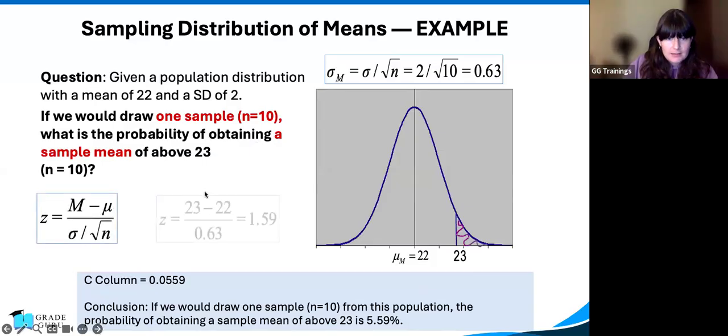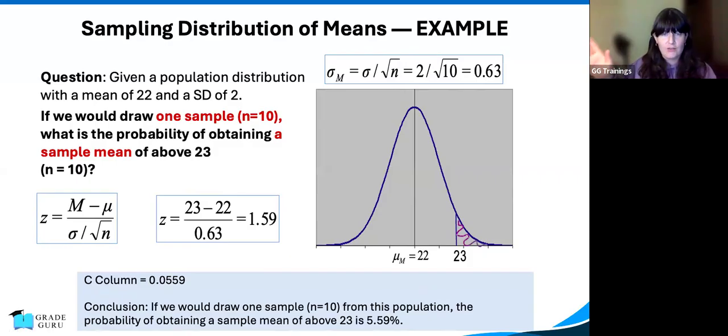And you put it in the formula. Hold on, I missed it. There we go. Sorry. There's the option up there on the right-hand side to do your standard error first, which could, like I said, reduce your risk of making a mistake, but it's really up to you. Your sample mean is the 23 from the question, sample mean of above 23. And of course, your mu is 22. That was given to you. Everything will be given to you.